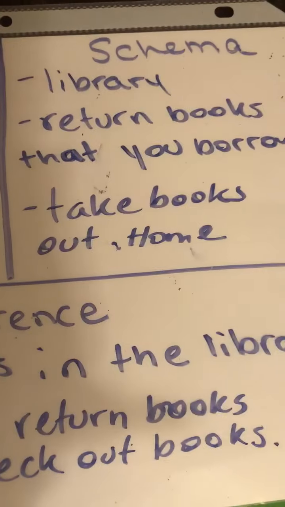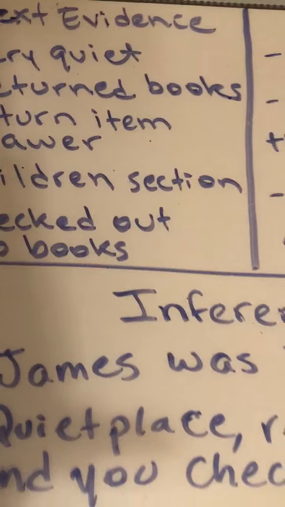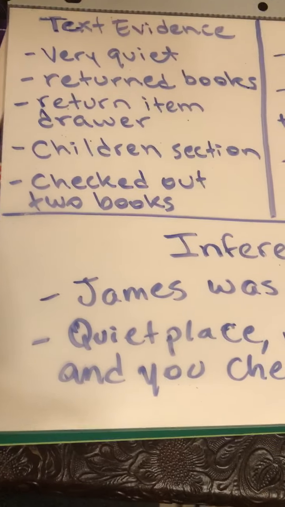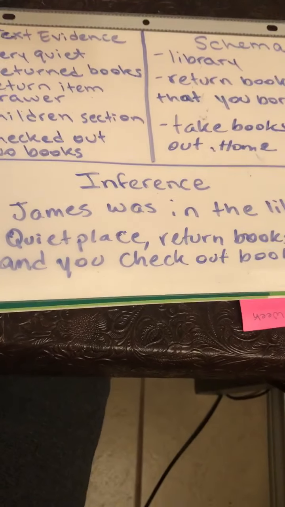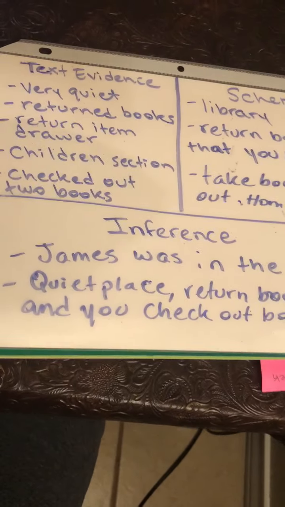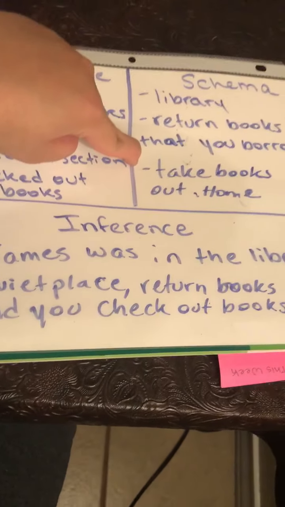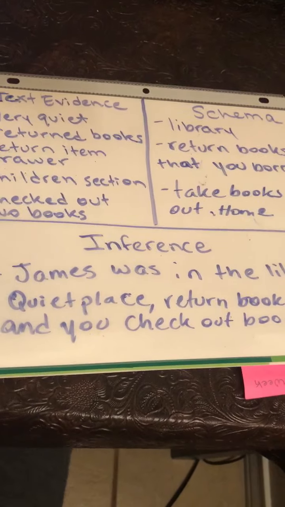I can write out what I already know about the subject, and those 2 pieces of information help me come up with a good inference. So here we were able to infer that James was in the library, and I think my text evidence and what I already know about the subject proves my inference correct.